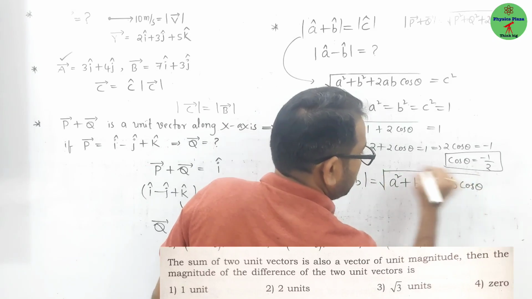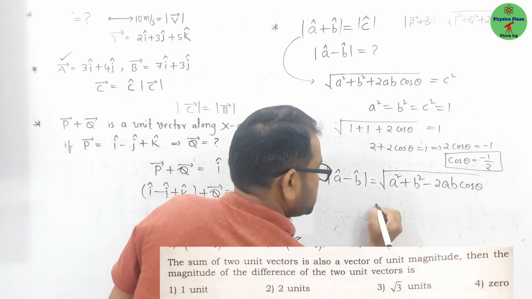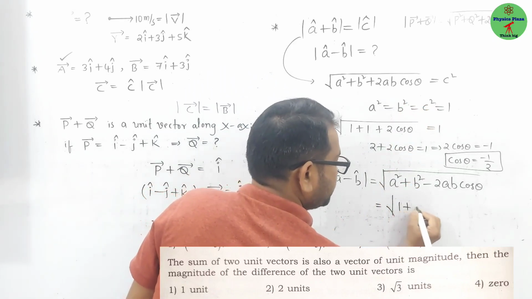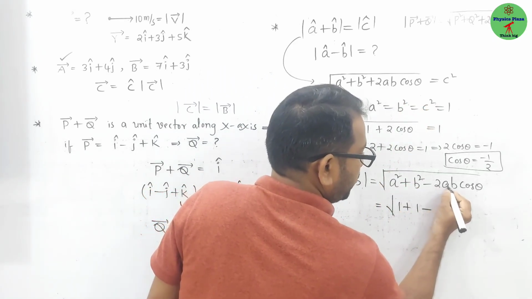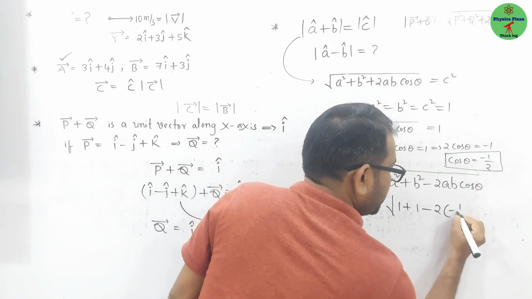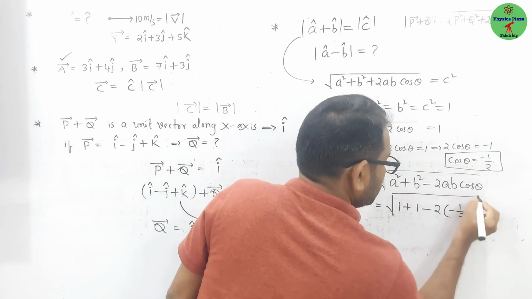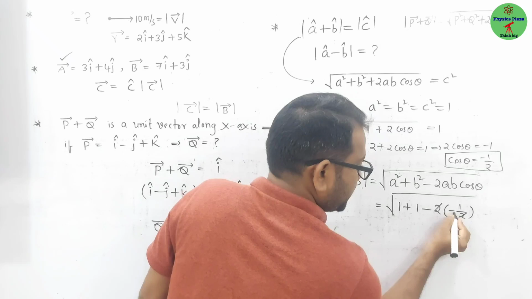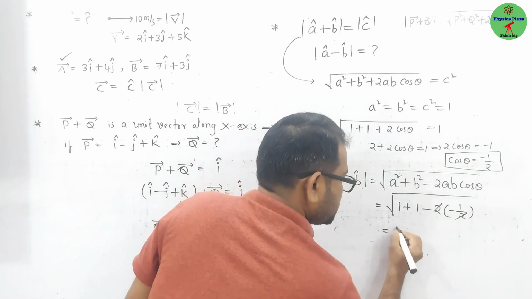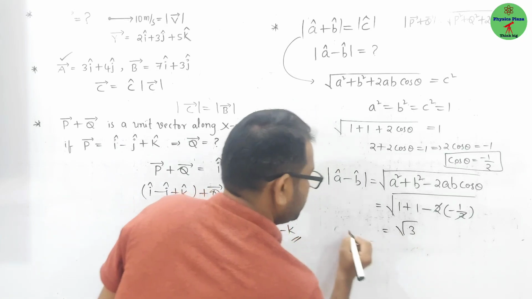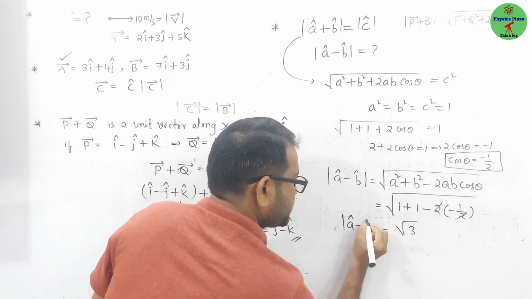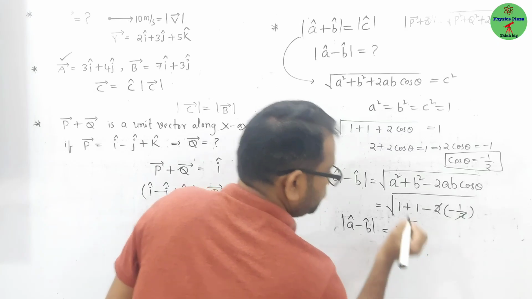As we know, A square value is 1, plus 1, minus 2 into 1 into 1, and the cos theta value we got is minus 1 by 2, put it here. So the 2s get cancelled, minus of minus is plus, so this will be 1 plus 1 plus 1, which is root 3 units. So the magnitude of the difference of these two vectors is root 3.